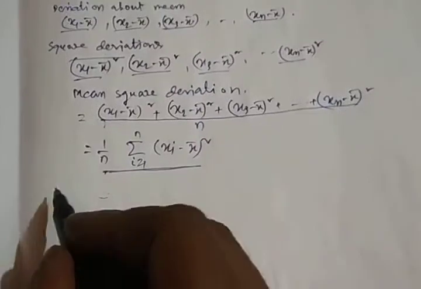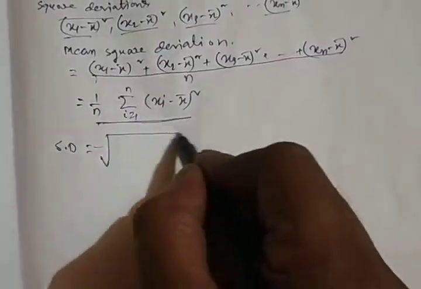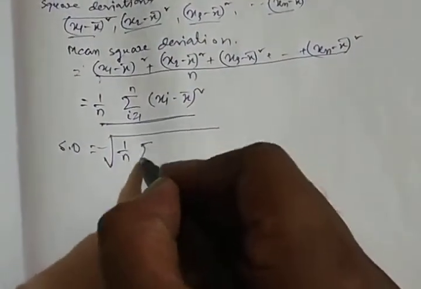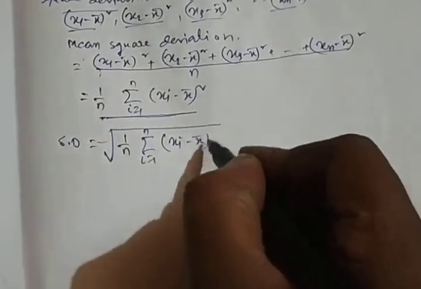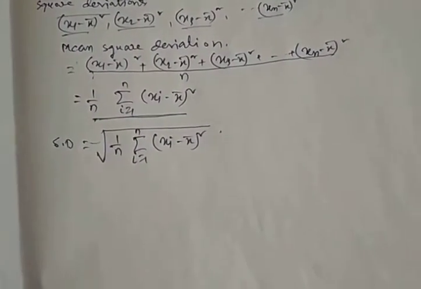So by definition, standard deviation SD equals the square root of the mean square deviation, which is root of 1 by n summation i equals 1 to n of xi minus x bar whole square. So this is the standard deviation about the mean.